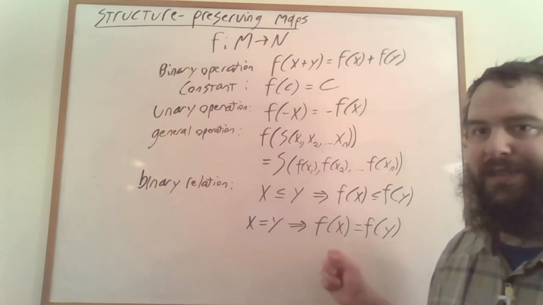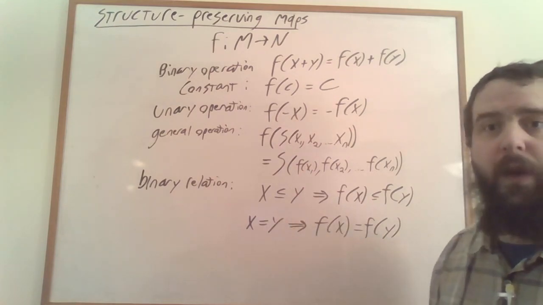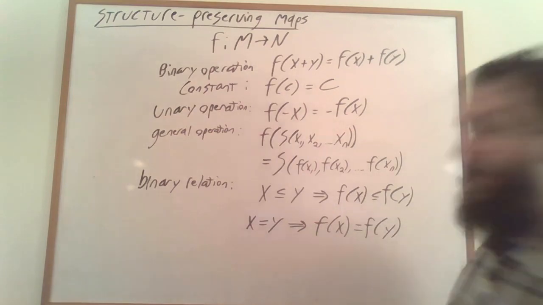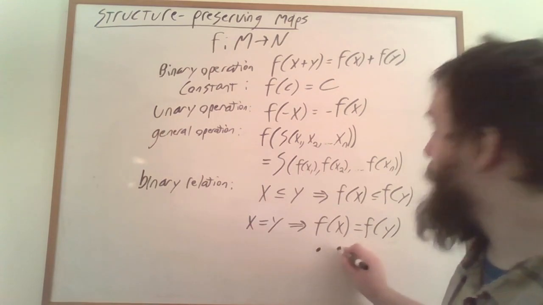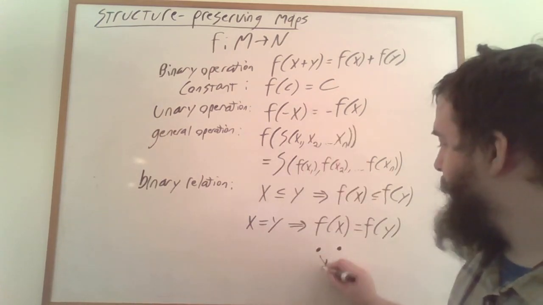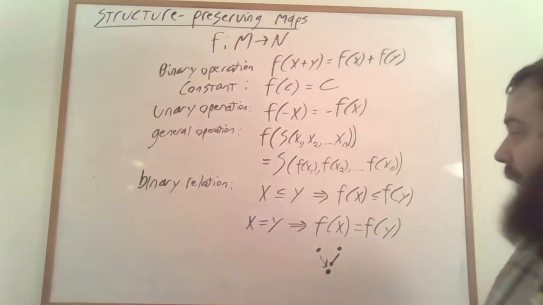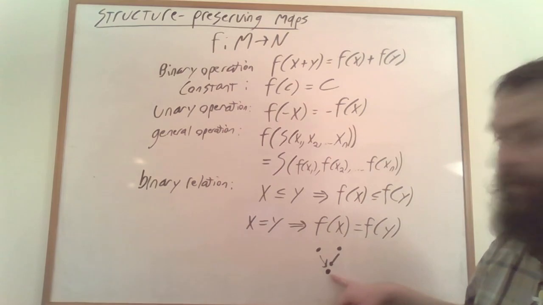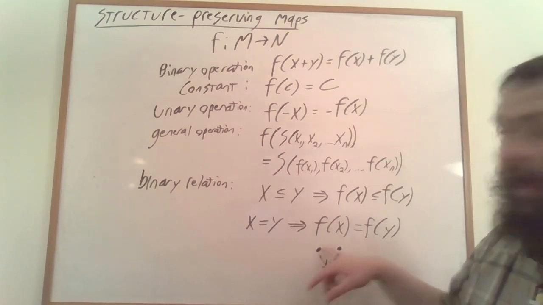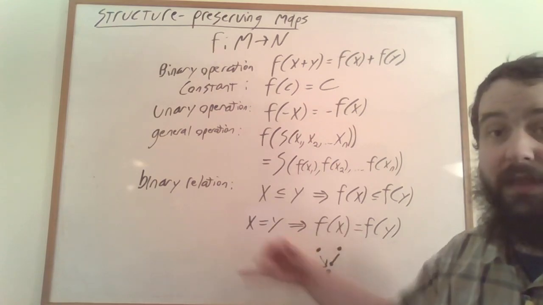This is just what it means to be a function. But we don't require the reverse. It could be the case for a homomorphism that we have two separate elements of M and they get mapped to the same element of N. In that case, we have f of x is equal to f of y, but we don't have that x is equal to y. So this implication is not true in the reverse.